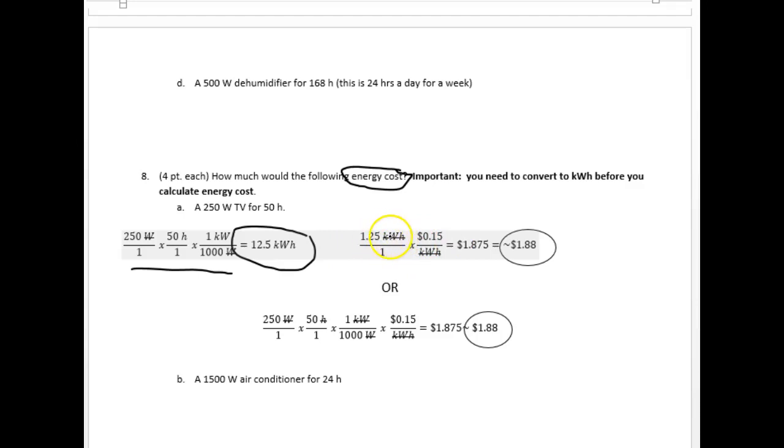So that should say 12.5 kilowatt hours, and then 15 cents per kilowatt hour. Cancel out your units, you're left with dollars. You multiply it out, and you get about $1.88. Okay, so you use the same exact technique that you've been using for unit conversions to actually calculate cost as well. So hopefully that's enough to help you out with Lab 2.